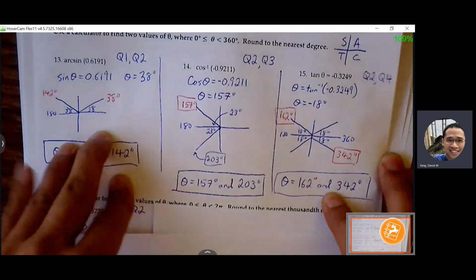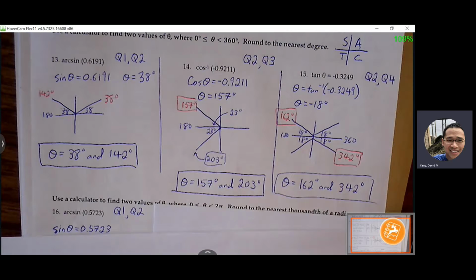Here's 16. Does anybody still need to look at 13 through 15?